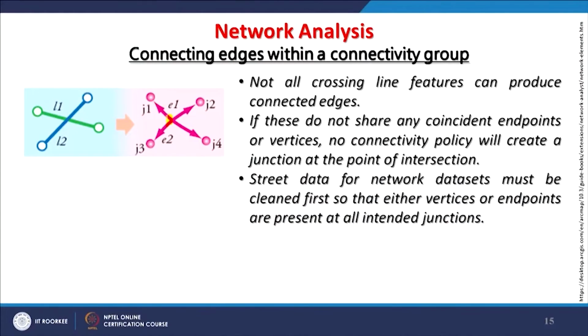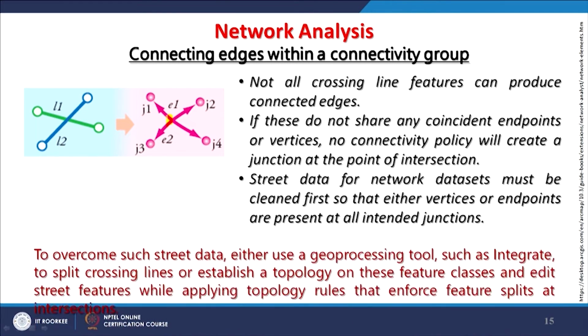So, street data with that many attributes is required for network datasets, and it must be cleaned first so that it can be retrieved efficiently. And clean here means accurate and of good quality. If it is not, then it has to be organized first, and only then can any kind of modeling or operations start.